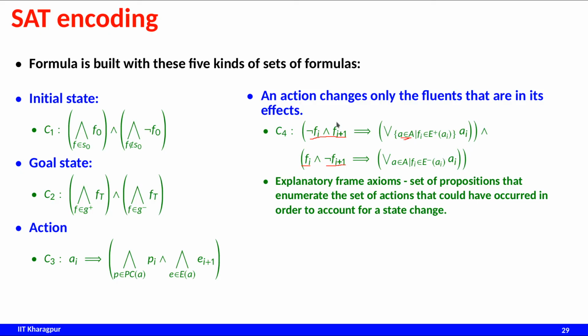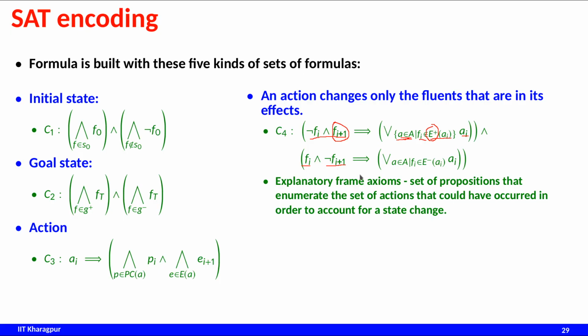So if it results in the positive form, then I should have an action A_i where the fluent belongs to the positive effects of A_i, and any one such action can lead to this fluent.